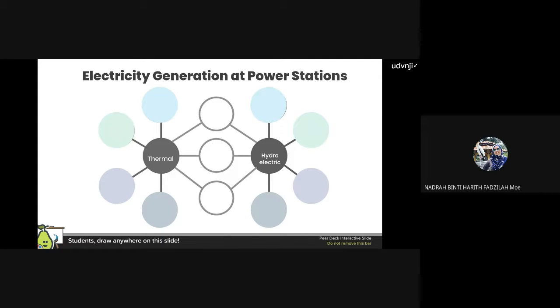Kamu nak compare dari segi tu, so make sure that you put it in the same colour. Misalnya katalah kamu nak compare in terms of apa dia punya fuel. So thermal fuel untuk thermal warna biru, fuel untuk hydroelectric warna biru juga. And so on and so forth ya. Okay, boleh lengkapkan dulu. Kalau ada apa-apa soalan, please don't hesitate to ask ya.